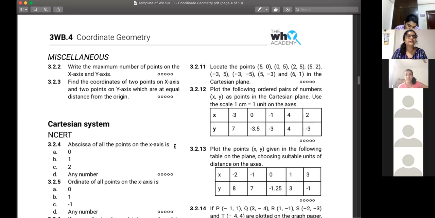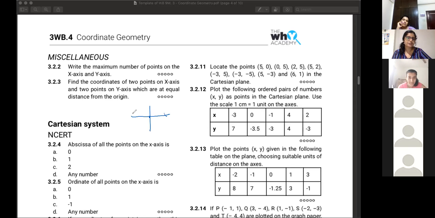So for this you can give any example that you want. The only criteria is that if there are two axes, then 2 points should be on the x-axis, and they should be at equal distance from the origin. And similarly, 2 points on the y-axis, and they should be at equal distance from the origin.